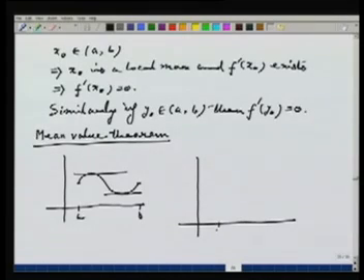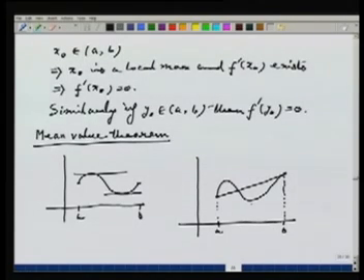suppose this f(a) equals f(b) condition is dropped. That is, the height of the function here is this, and the height at b is something like this. So the height at b is certainly more than the height at a. And the graph of the function looks like this. Then I look at the line joining these 2 points.